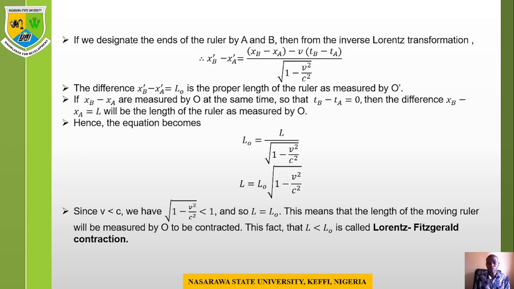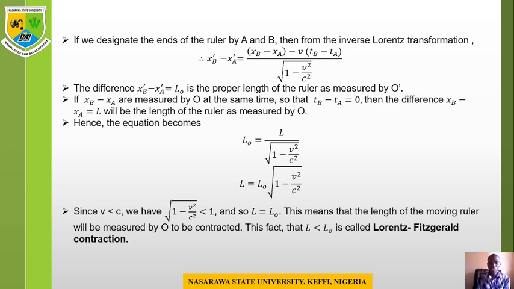Now that's for the other observer, L equals to L naught into the root of 1 minus v square all over c square. So since v is less than c, since velocity of the observer is less than the speed of light, then we have that the root of 1 minus v square all over c square is less than 1, and so L will be less than L naught.